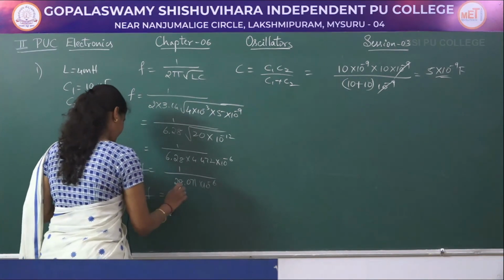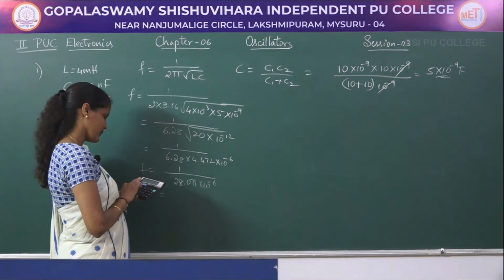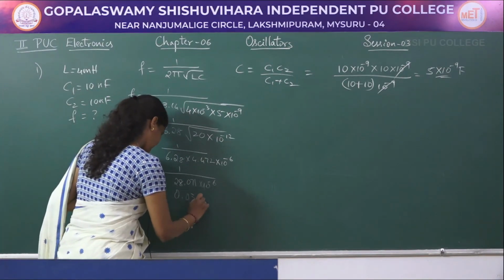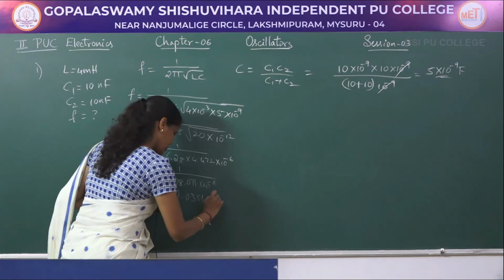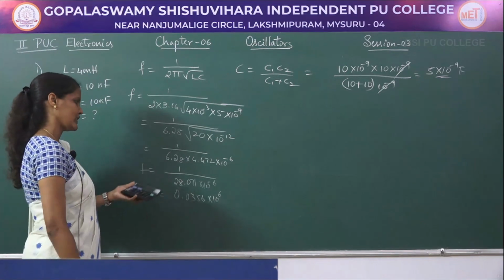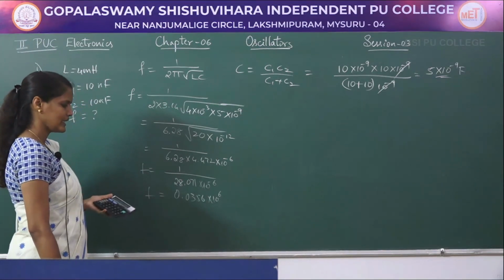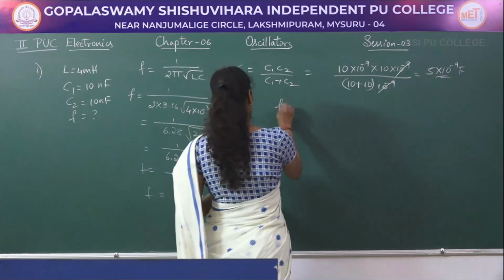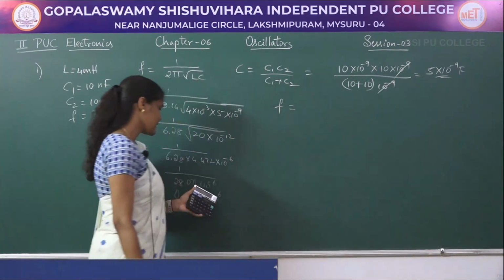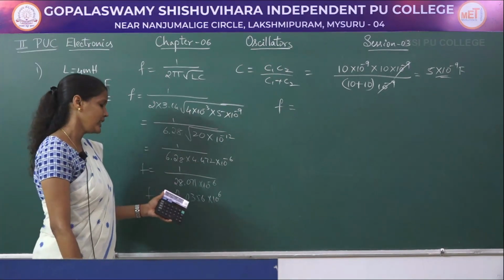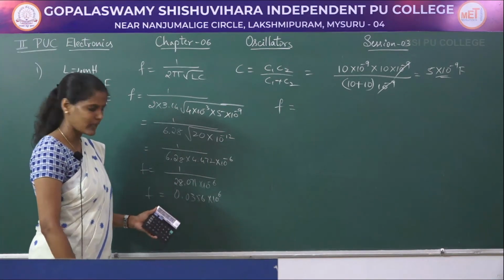So f is equal to 1 divided by this answer, which gives me 0.0356 into 10 to the power of 6. 10 to the power of minus 6 is in the denominator. When it goes to the numerator, it is equal to 10 to the power of plus 6. So f is equal to, let me convert this 10 to the power of plus 6 to 10 to the power of plus 3.